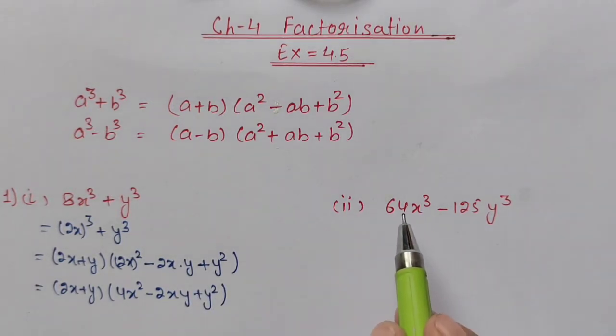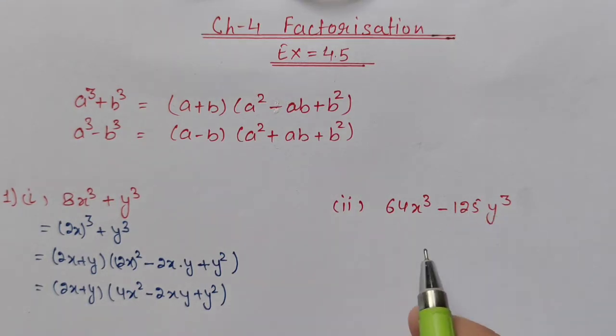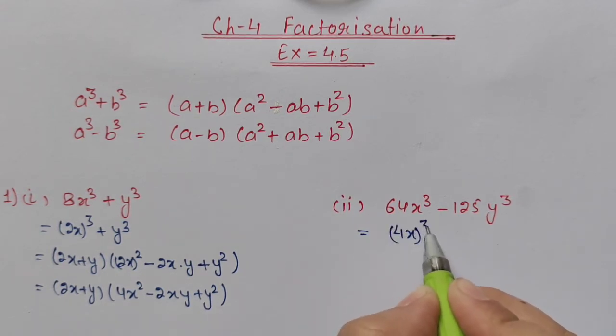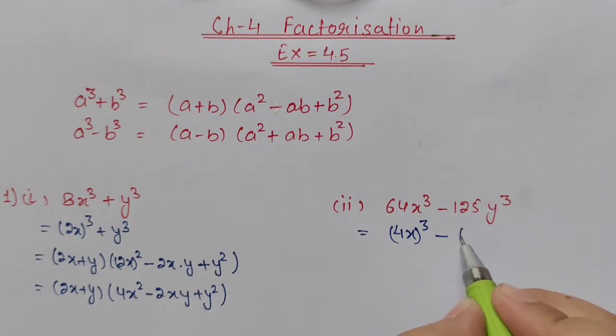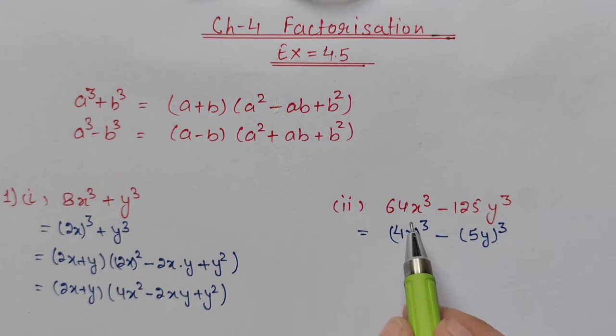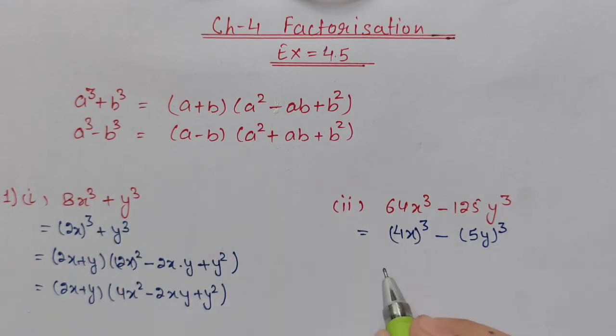In the second part, 64x cube minus 125y cube. First we will change into the cube form. 64 we can write as 4 cube, and this we will write as (4x) whole cube. 125 is 5 cube. This we can write as (5y) whole cube. Now a cube minus b cube, this second formula we will use here.